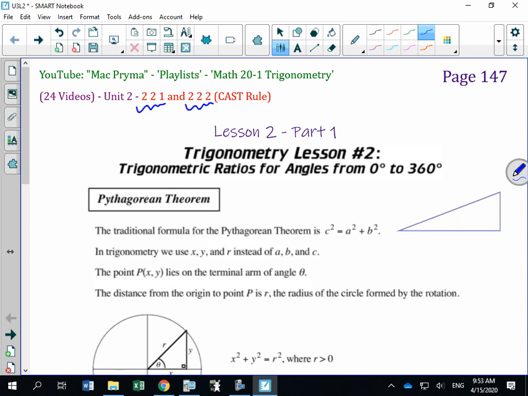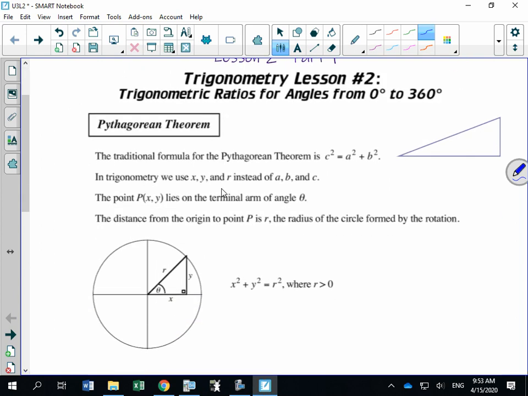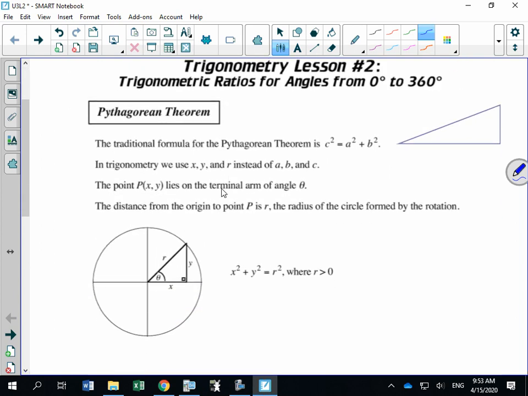Okay, so the first thing we're going to look at is we're going to revisit something from junior high, which is Pythagoras Theorem. So Pythagoras Theorem, remember, is based off of a 90-degree triangle.